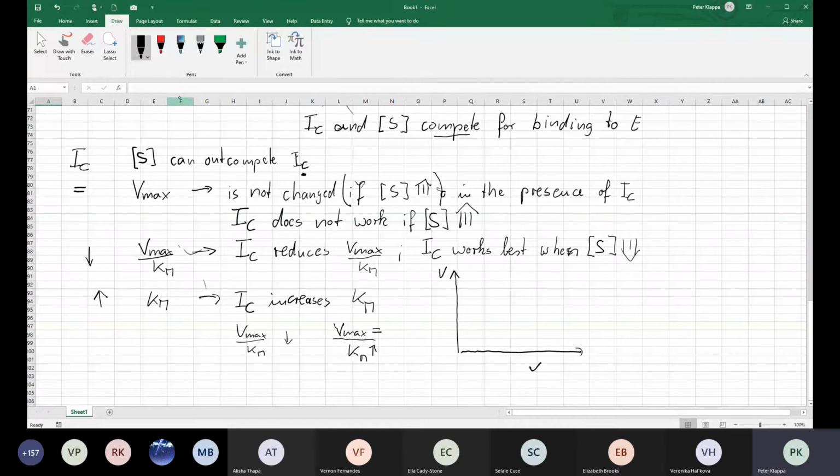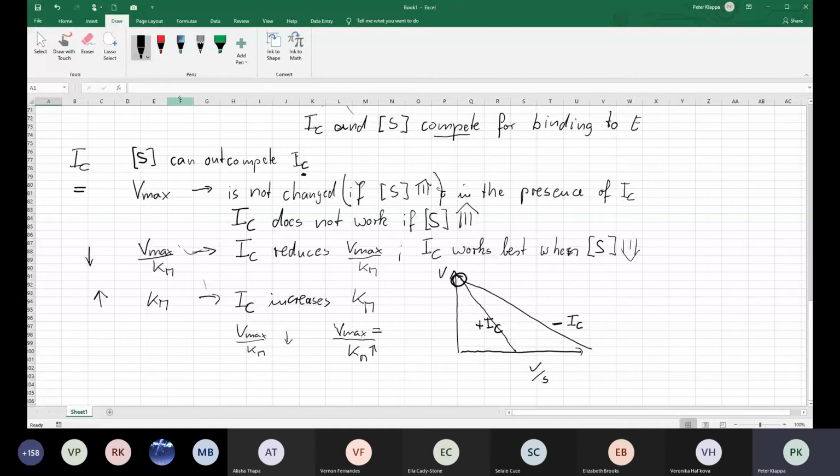V over S. Let's say that is without the inhibitor, minus IC, and with the inhibitor, we would get something like that, plus competitive inhibitor.